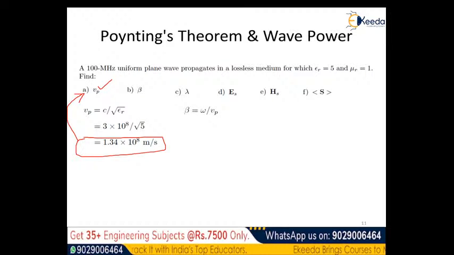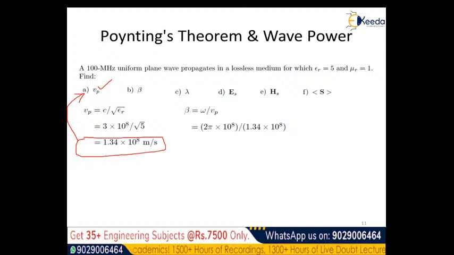The angular frequency's relationship with the frequency is ω = 2πf here. So if we replace ω as 2π × 10^8 and divide it by Vp, the answer we have just now determined as the solution for part A, we get the new equation of this particular form.